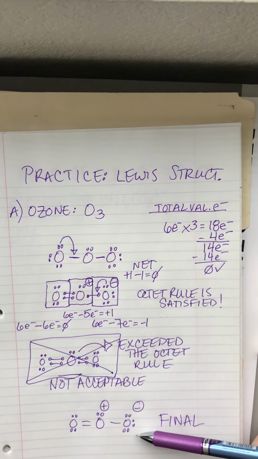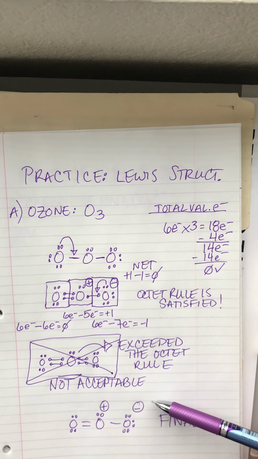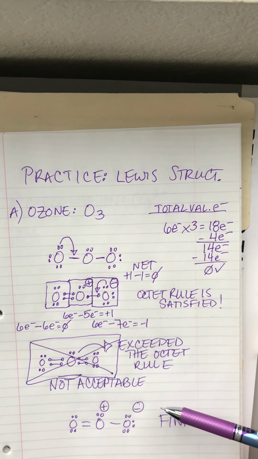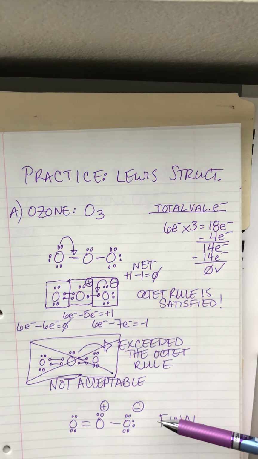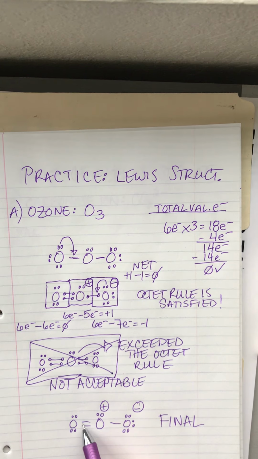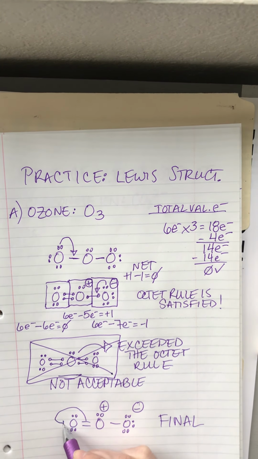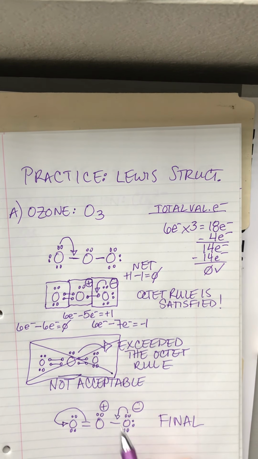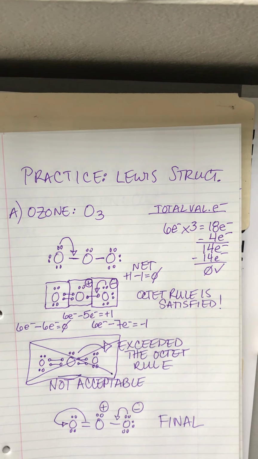Now, hopefully you're cued into the next step here, which is, do we have resonance in this molecule? And hopefully your answer is yes, we do, right? So we have this double bond over here. I could put those electrons back on this oxygen and take this pair of electrons and put it into a double bond.